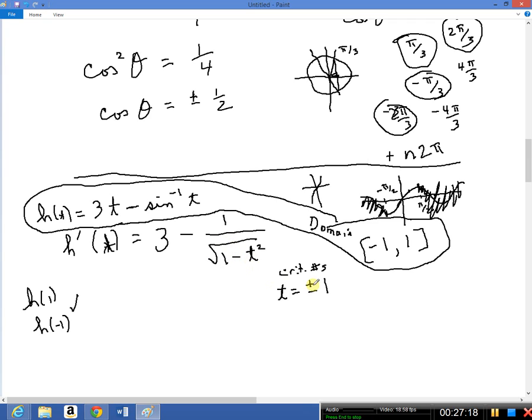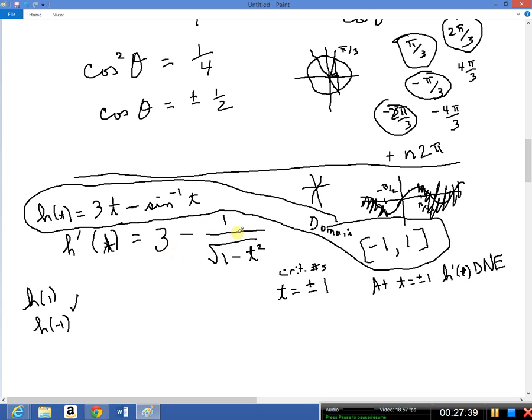So that's about it. This is the only way to make the derivative not exist. So another way to say that is at t equals plus or minus 1, h prime of t does not exist. And so these are critical numbers.